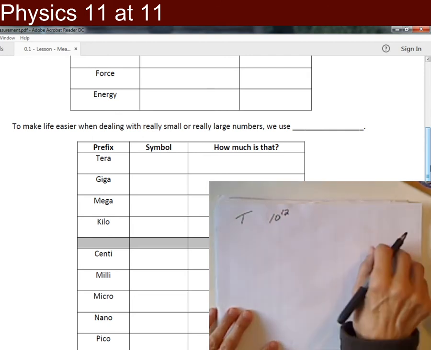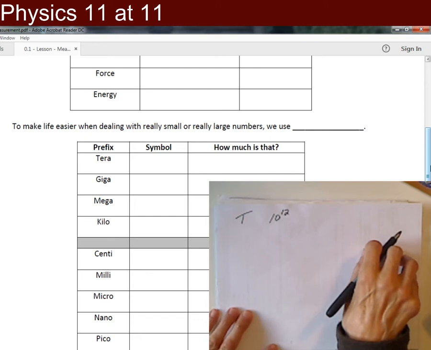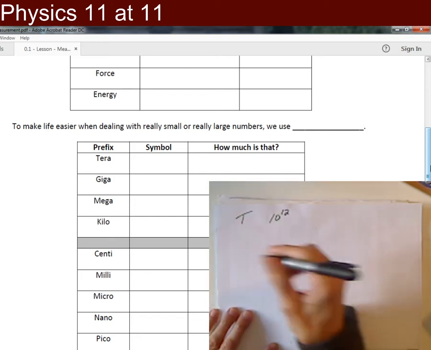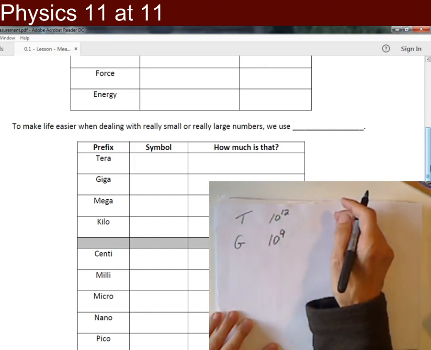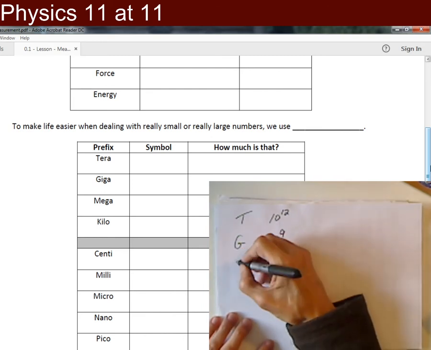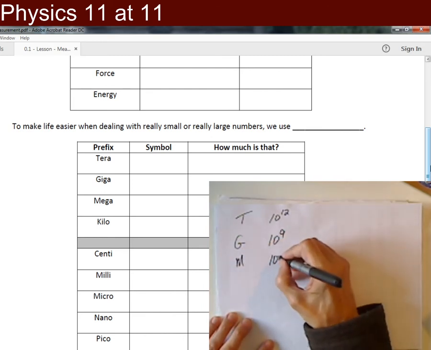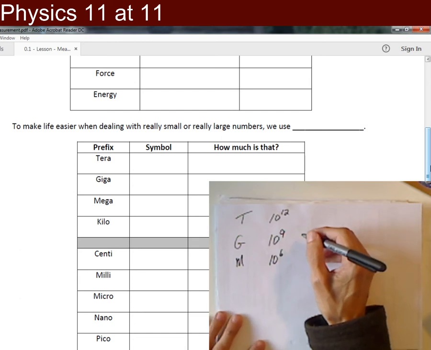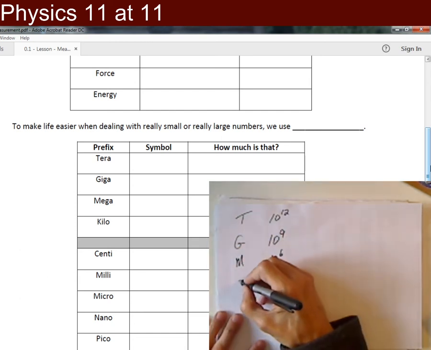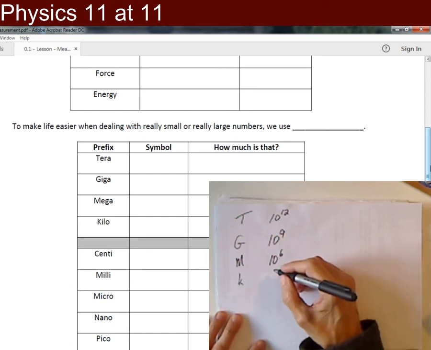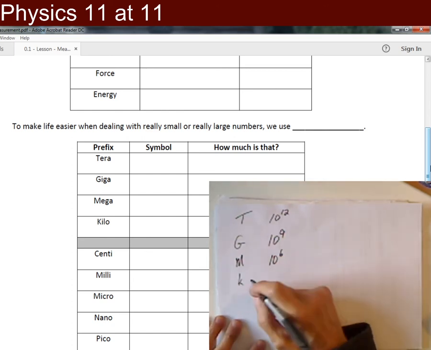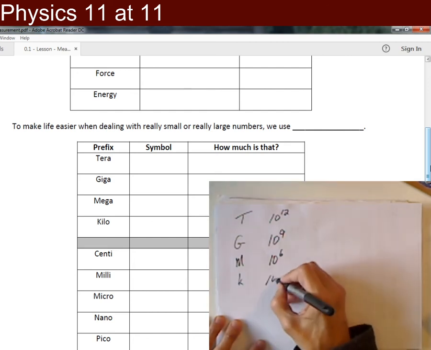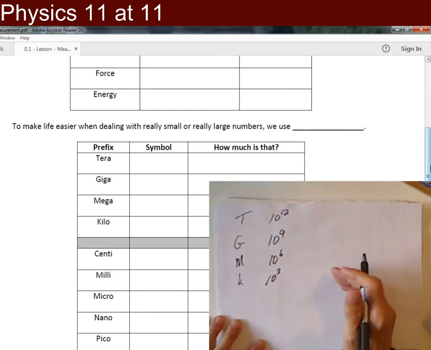So in other words, 12 zeros afterwards. So very, very big number. Giga gets a big G, and this is 10 to the 9. Mega, big M, this is 10 to the 6. Kilo, small k, so different than the other ones. But you've seen it in kilometers and kilograms, small k. This means 10 to the 3, so like times 1,000.